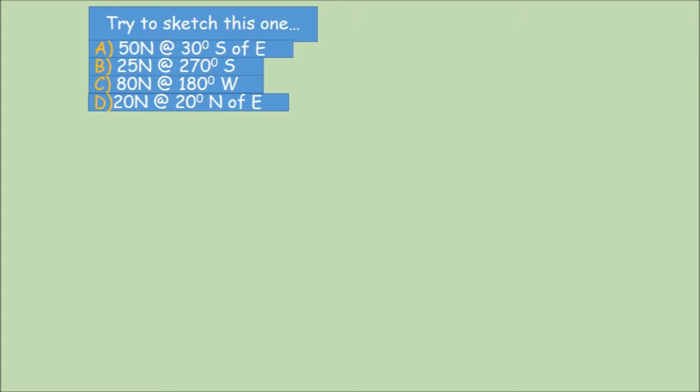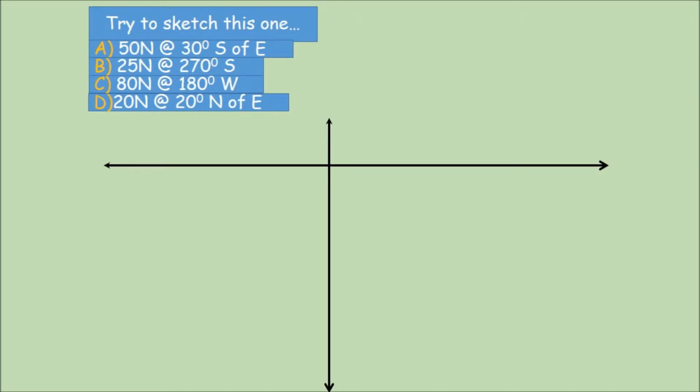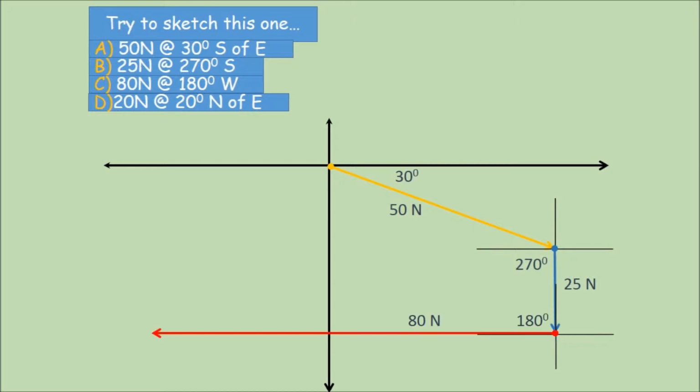Here are 4 vectors that I want to add graphically. I'm going to get a ruler and a protractor and a scale, and the first one is 50 newtons at 30 degrees south of east, and then 25 newtons, 270 degrees, and then my next one is going to be 80 newtons at 180 degrees, and my last one will be 20 newtons at 20 degrees north of east.